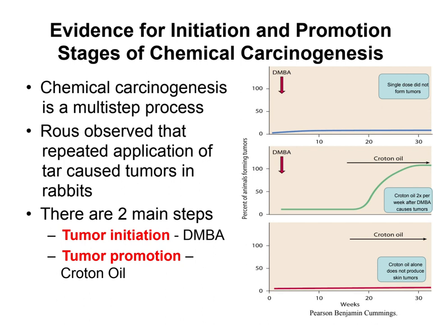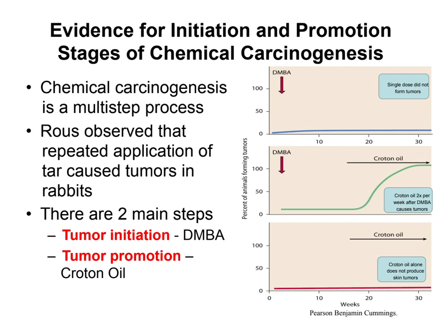In the second model, we have that initiation event, the exposure to the carcinogen, and that was a one-time exposure. And then some time went by, and then they were exposed to croton oil. And that allowed for the development of tumors.